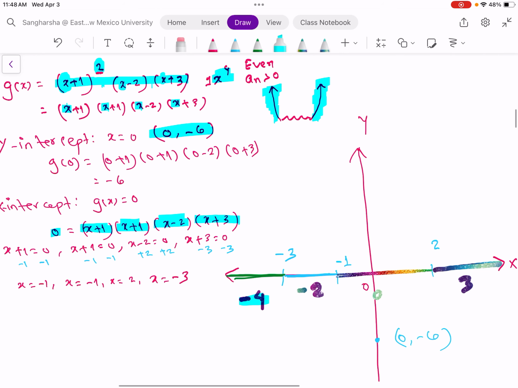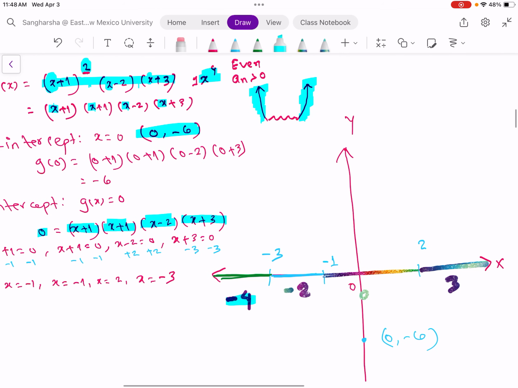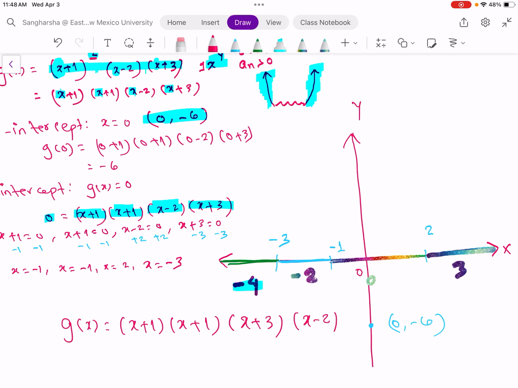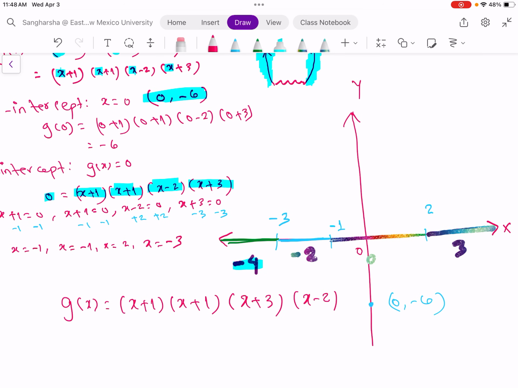So what happens to our output when our input is negative 4? Let me write this function here one more time. So our function is g of x equals (x plus 1) times (x plus 1) times (x plus 3) times (x minus 2). So if x is negative 4, negative 4 plus 1 is negative 3.